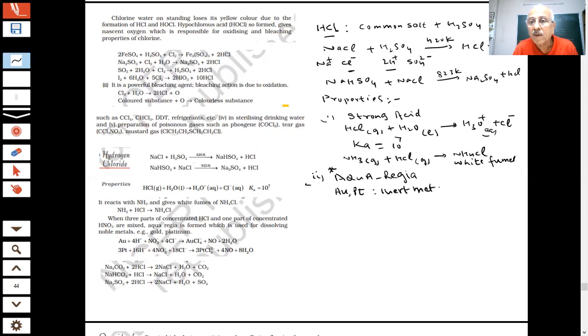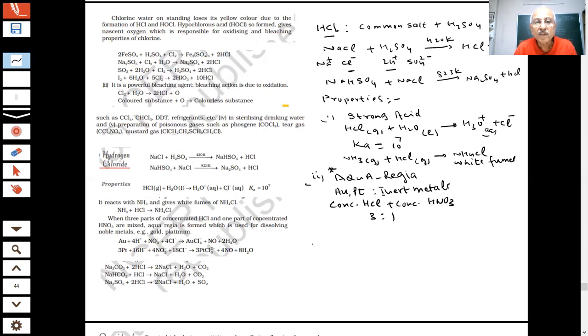They are not attacked by any of the concentrated acids, but they are dissolved in aqua regia, which is concentrated HCl and concentrated HNO3, 3 parts to 1. If I mix, I will get aqua regia, and gold and platinum are going to dissolve.